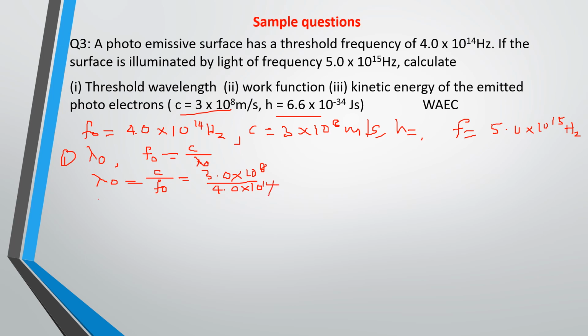If you work that out, your threshold wavelength will give us 7.46 times 10 raised to power minus 7 meters. So that is your threshold wavelength.